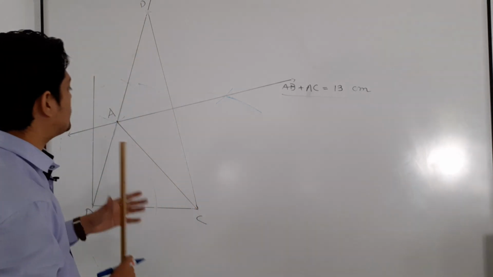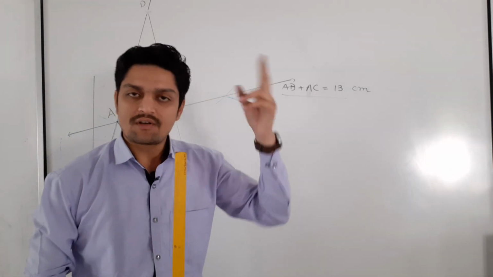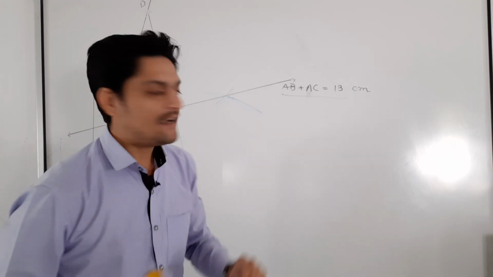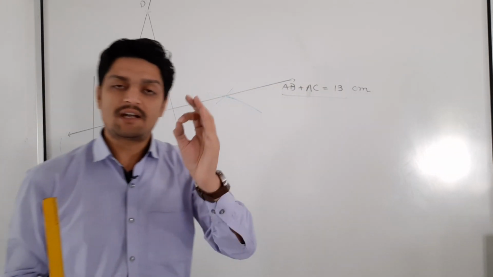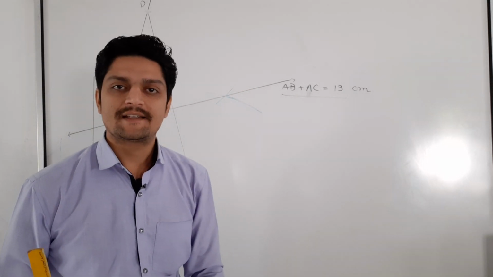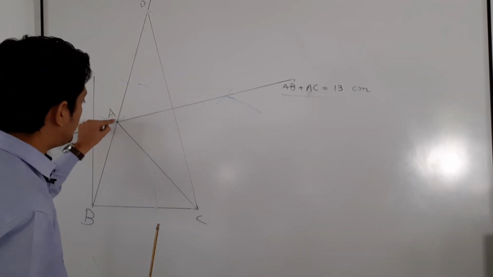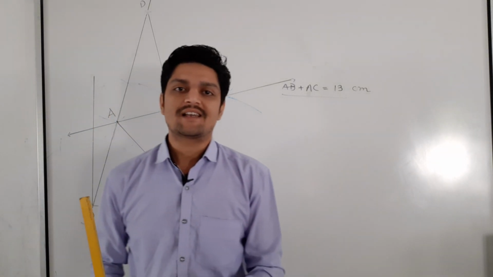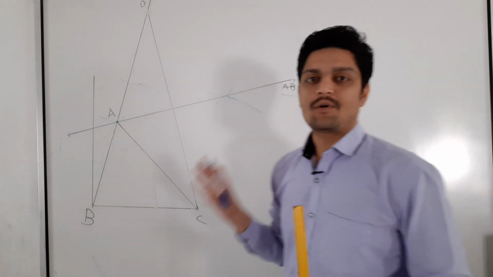Now you all know how to draw the bisector: take more than half radius from both ends, draw two arcs in opposite directions, and pass one line through both of the intersecting points. Otherwise you will not get the proper figure. This point is our final point A, join it with the other end of the line segment, and your final construction is over.